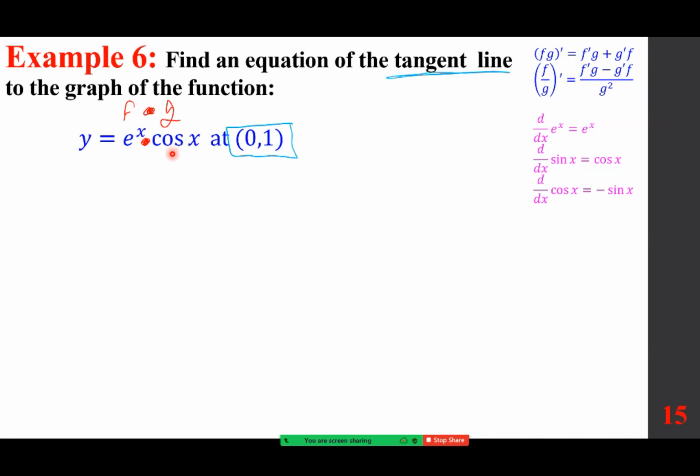The derivative of cosine is negative sine, so minus sine x times e to the power of x. So this is f prime g minus g prime f. Let's factor out e to the power of x.